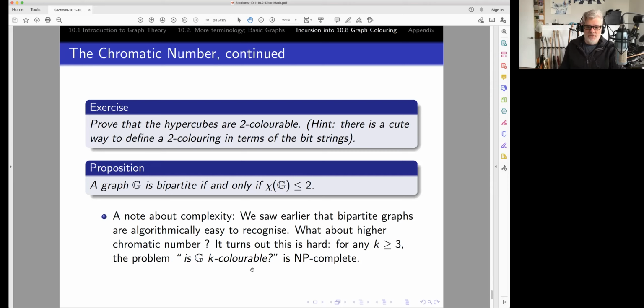But again, if you find an efficient algorithm to determine if a graph is 3-colorable, you will be rich and famous, or in jail, depending on how you choose to use this algorithm. Starting at 3, it becomes an NP-complete problem, so as hard as we think it can be.